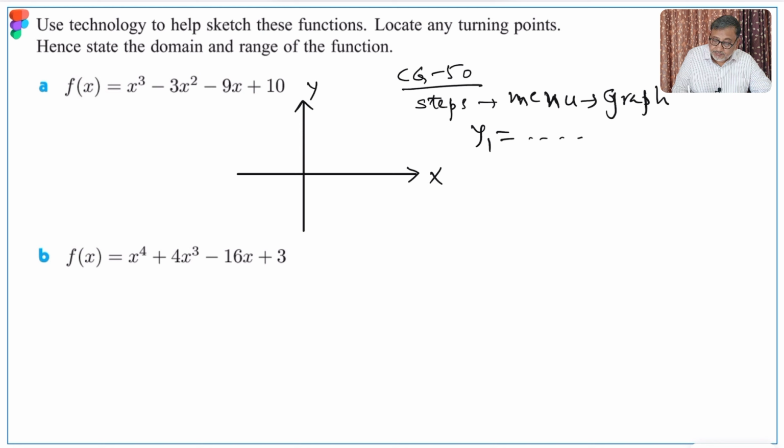Now look here, you have to write the turning points of this graph also, because there will be a maximum, there will be a minimum, and there will be the y-intercept and the x-intercepts, right? So you have to write all those values. So let me first write what is the maximum and what is the minimum.